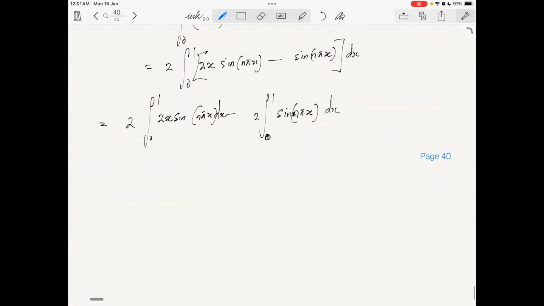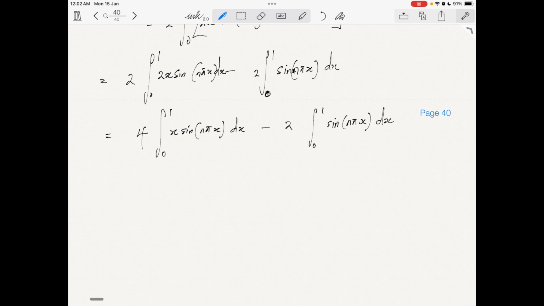Multiplying the constants, we are left with 4 integral from 0 to 1 of x sine n pi x dx minus 2 integral from 0 to 1 of sine n pi x dx.